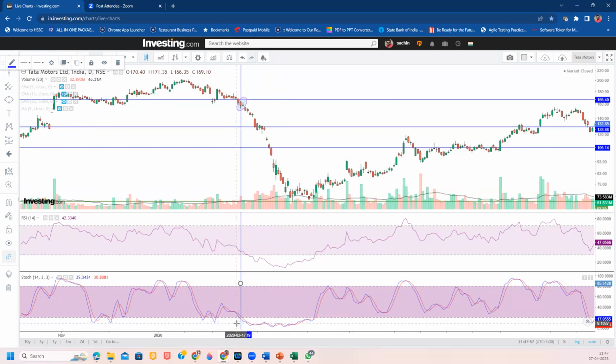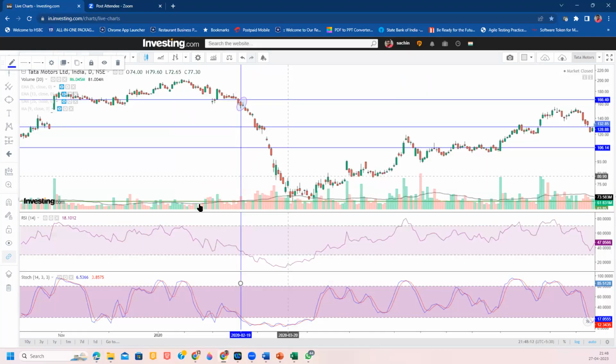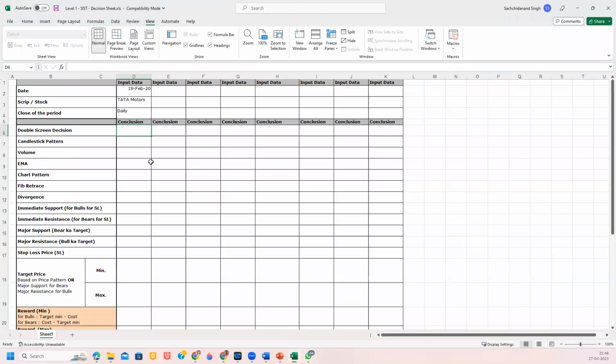That means the blue line has crossed the red line in a negative direction. So in the wave, it is giving the sell signal rather than the buy signal. Both of the double screen system are indicating the sell. So here I will put the double screen decision as a sell.